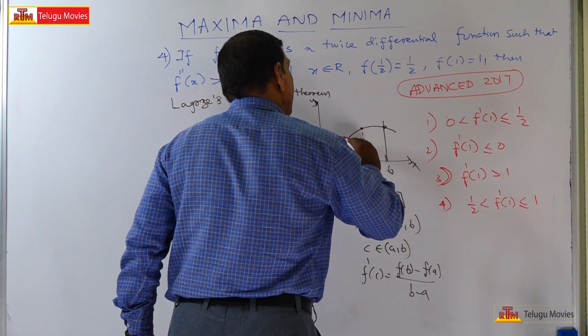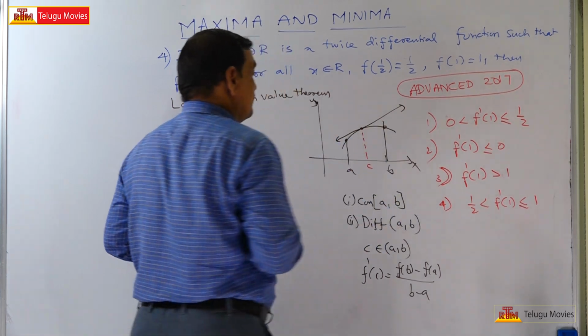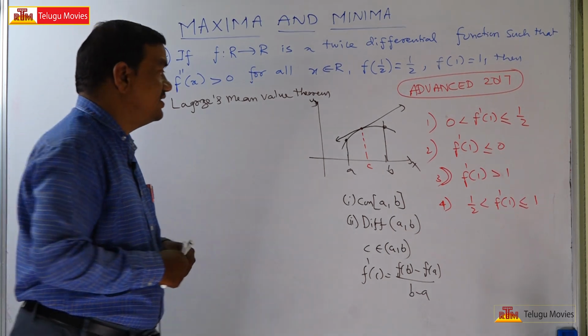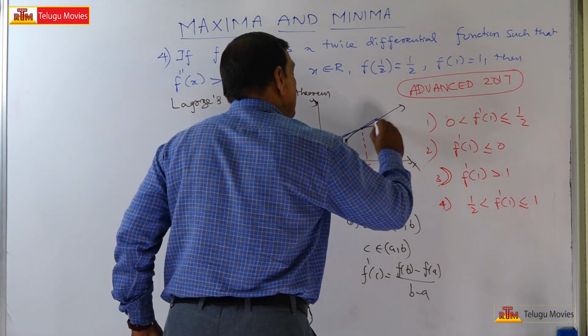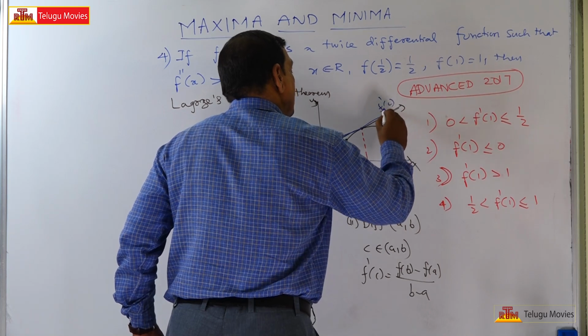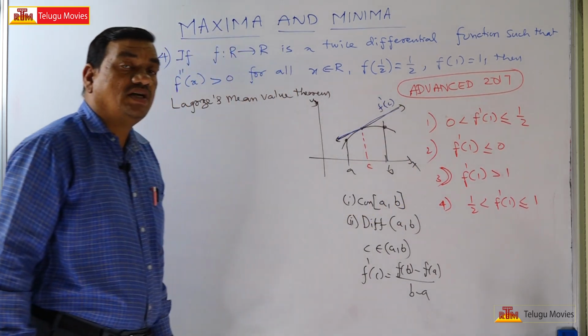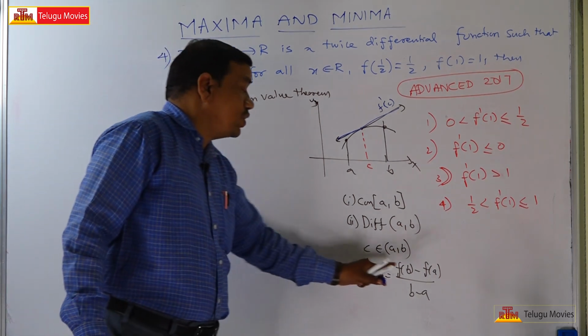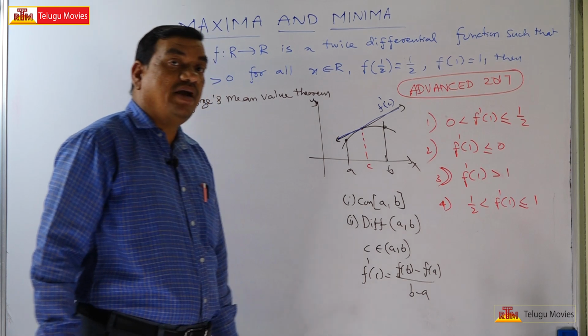That means if you draw a tangent at c, this is a tangent. What is the slope of that, f dash of c? That is equal to f of b minus f of a by b minus a.